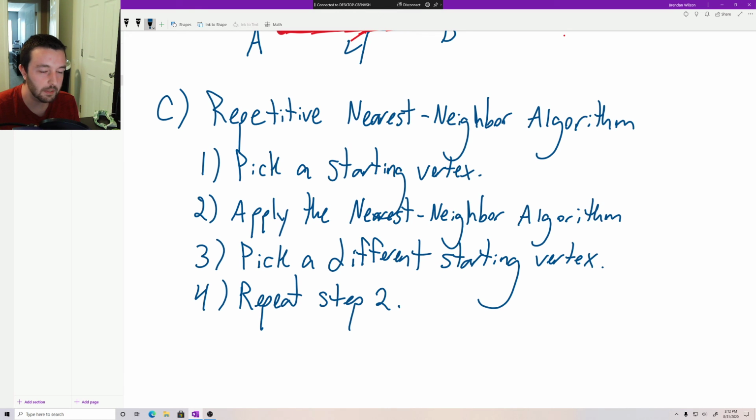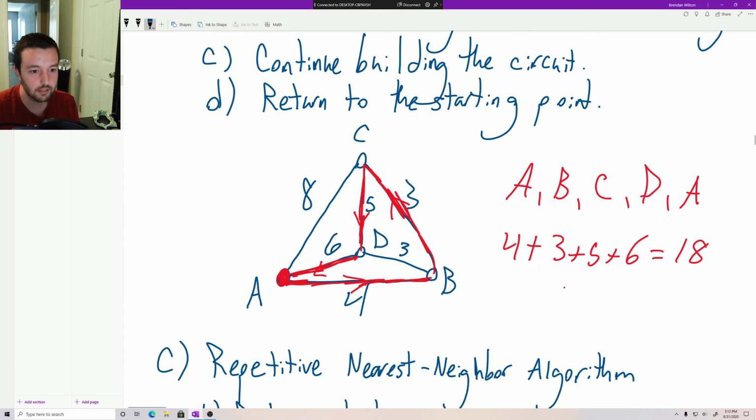Basically what's happening here is, okay, the nearest neighbor algorithm gives you an efficient path that might not be the optimal one. The idea is if we do it a few times, then we have a better chance of finding the optimal one, or at least a more efficient one. So here we start at A, and we do our path, and now we say, okay, let's try it starting at B, and then we do a different path.